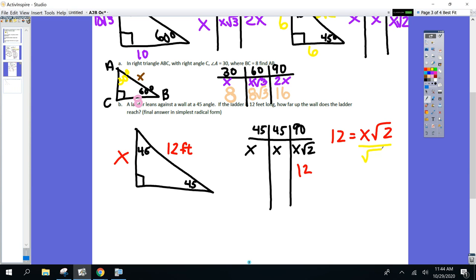So you want to divide both sides by radical 2. Because watch, see how those cancel now? And you're left with x equals 12 over radical 2.